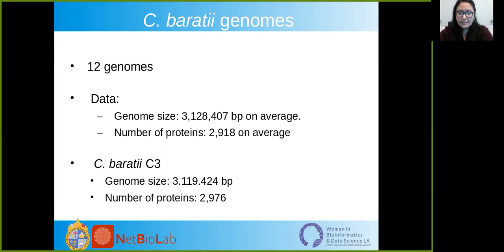The genome size on average was 3 million base pairs, and we have an average of 2,918 proteins. All Clostridium baratii isolated in the laboratory have similar characteristics to other genomes.